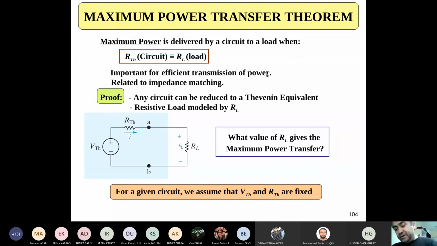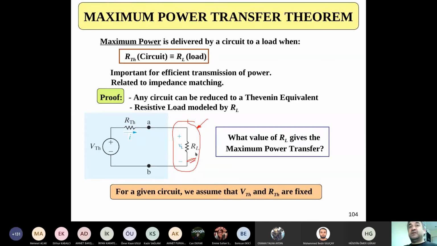Now, one more thing that we're going to be seeing today is the maximum power transfer. What Thevenin and Norton equivalent circuitries give us is, for a load resistance, we want to know what will be the maximum value of power that can be delivered to the resistance.